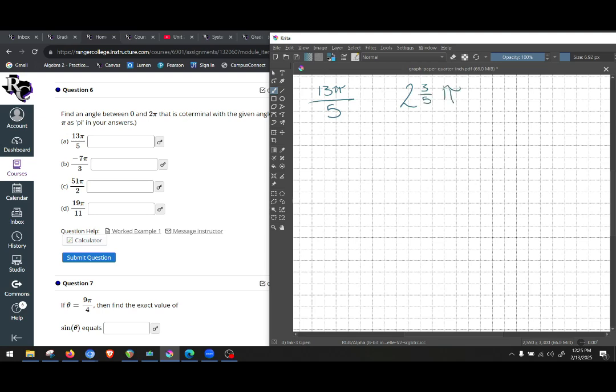So 2 and 3 fifths pi is bigger than 2 pi. So we're going to take 13 pi over 5 and subtract 2 pi.